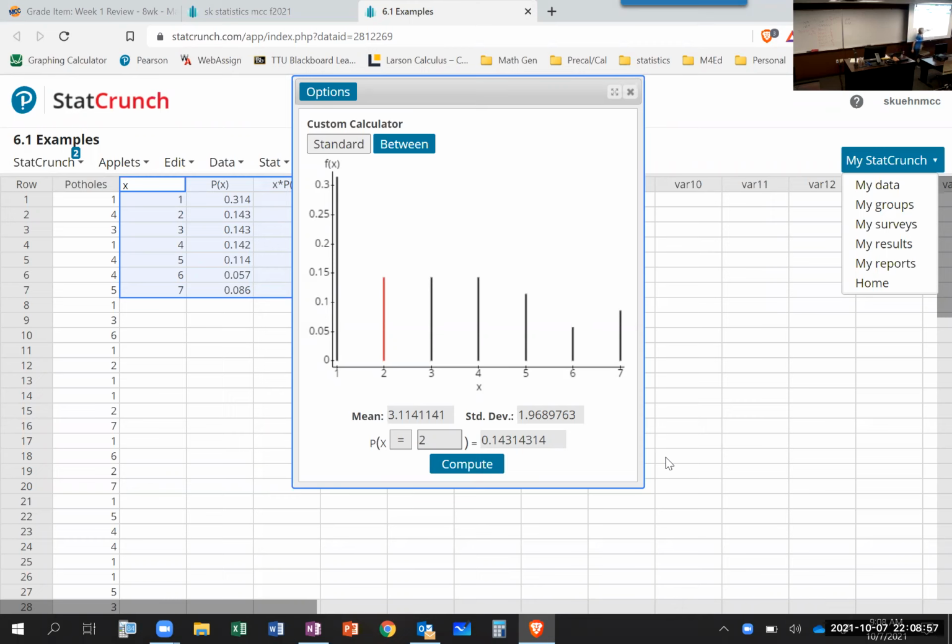So here on these 2 blanks on the left, that's not the probability of it happening, that's the question we're asking. The blank on the right, the 0.143 and so on, is the probability of it happening.